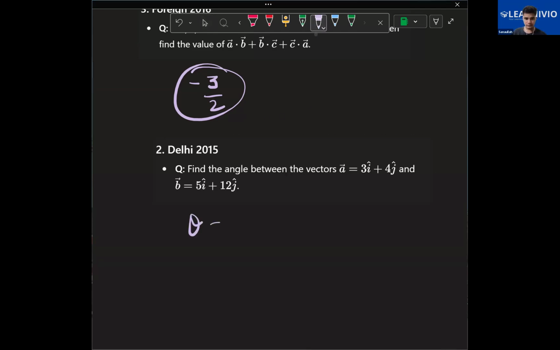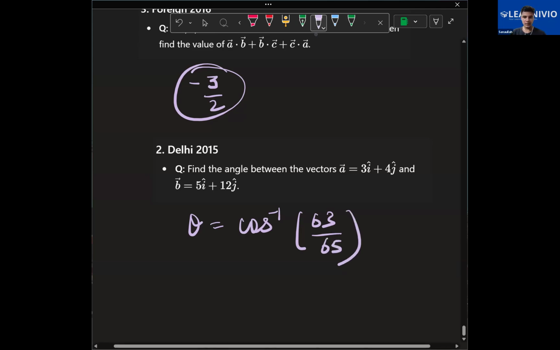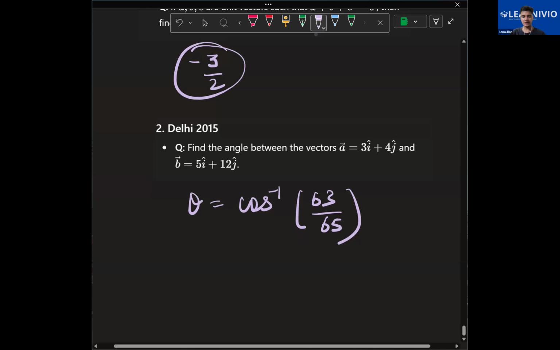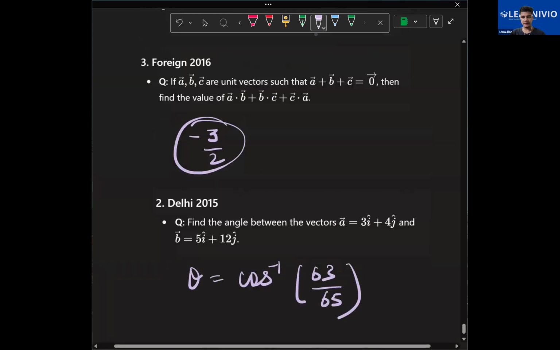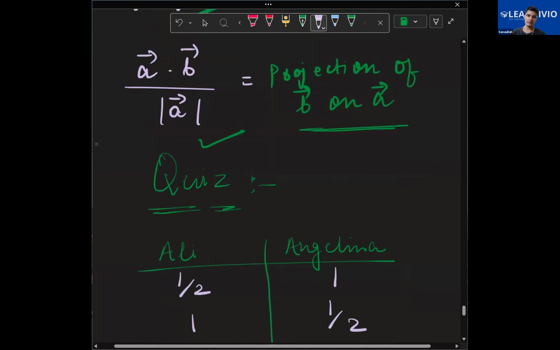Cos inverse 63 by 65. You will not give me the wrong answer. Okay, all right. This is right. Ali, what's your answer? Is it the same? Yes, sir, same answers.